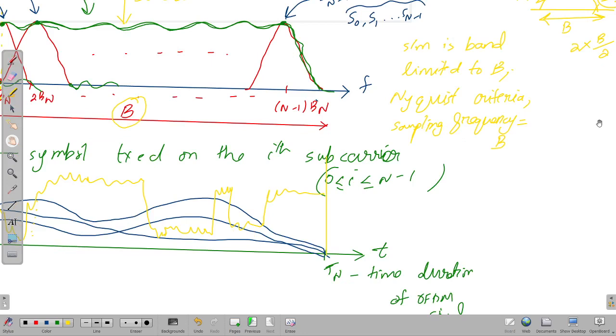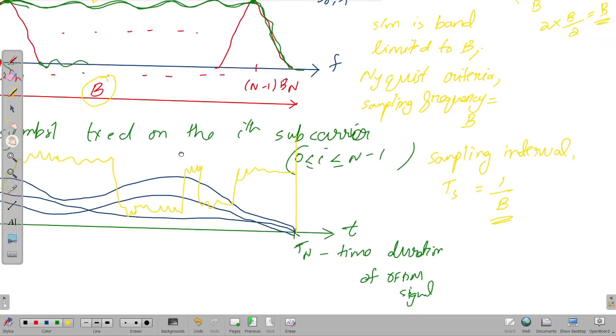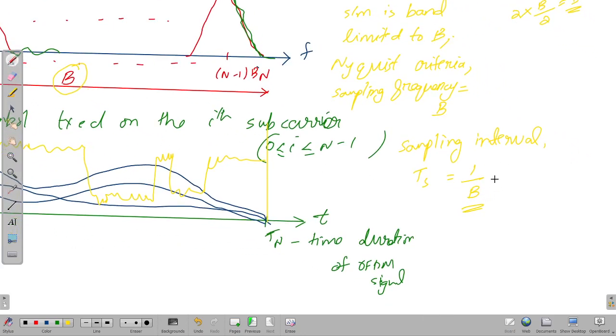So if the sampling frequency is equal to B, then what should be the sampling interval or the sampling time? The sampling interval Ts must be equal to 1 divided by B. Or I can write this as 1 divided by, what is B?